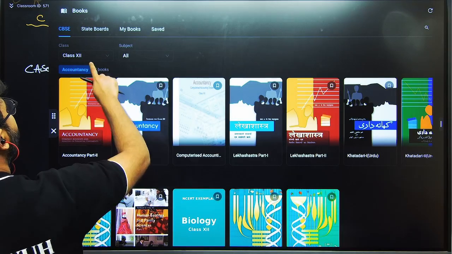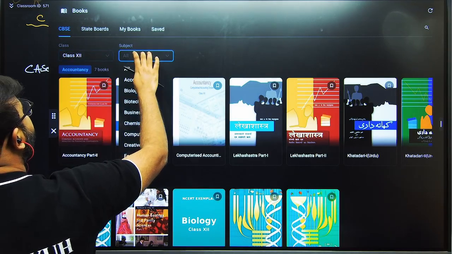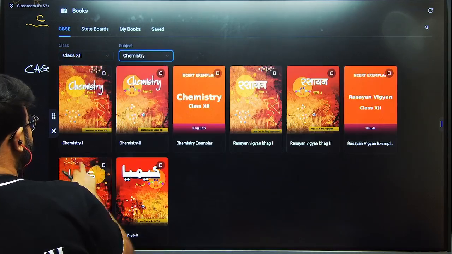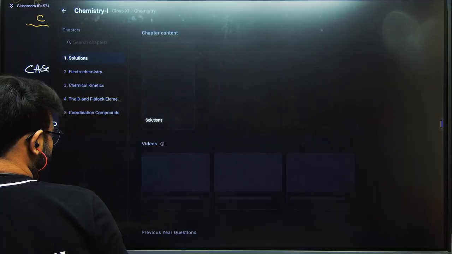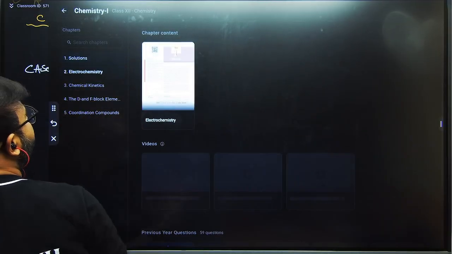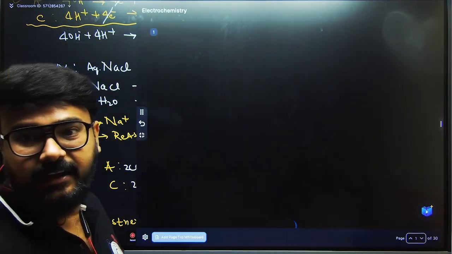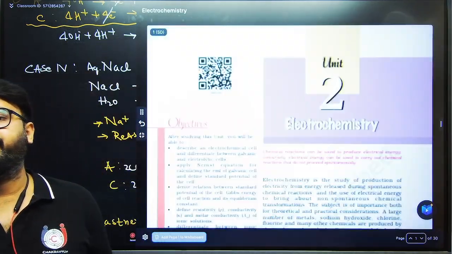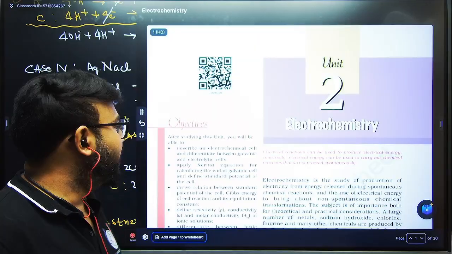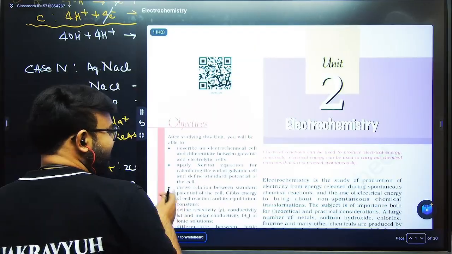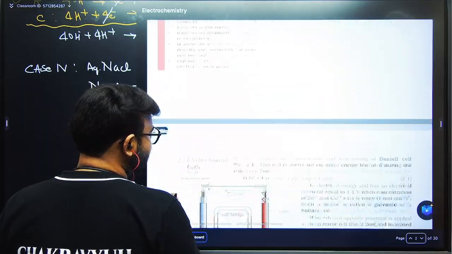Ah, now it came. Yeah, what do you say? Okay, this is a better question. I thought you were saying who will study the NCERT book.